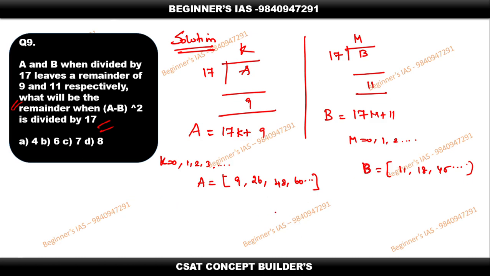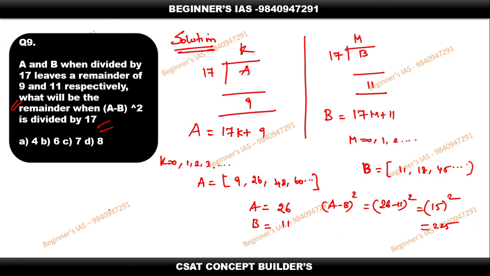Now I am just considering a as 26 and b as 11. Now just check (a minus b) the whole square. This is nothing but 26 minus 11, which is 15. 15 square is nothing but 225.